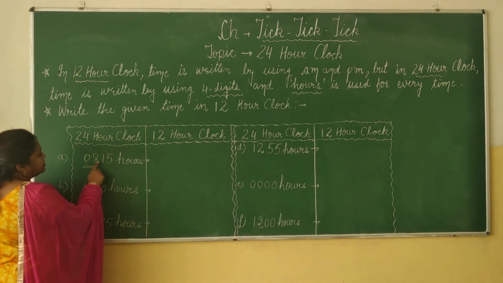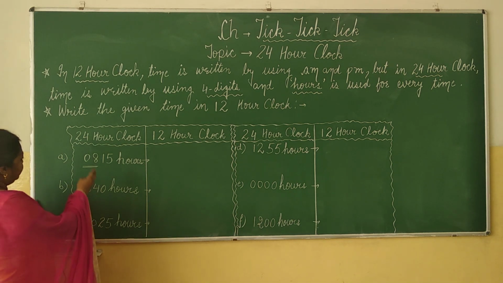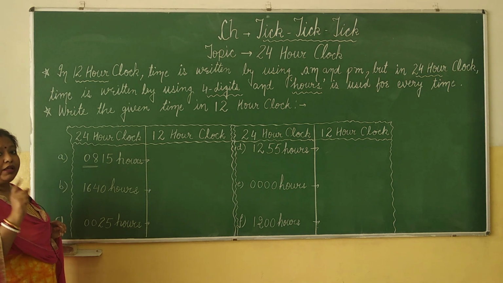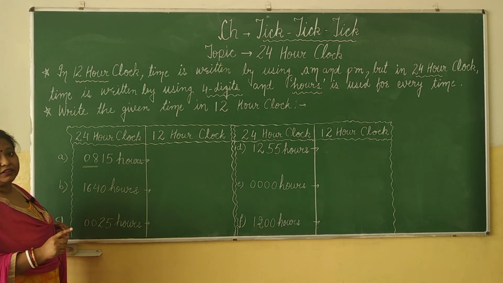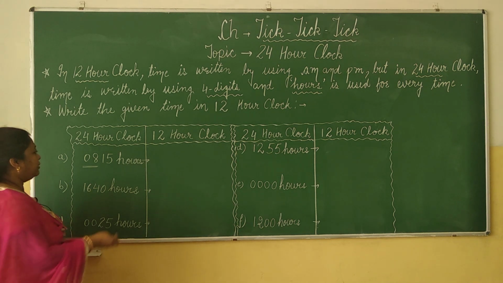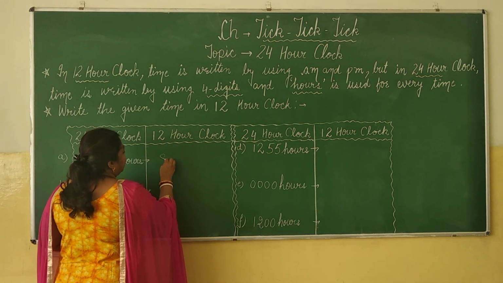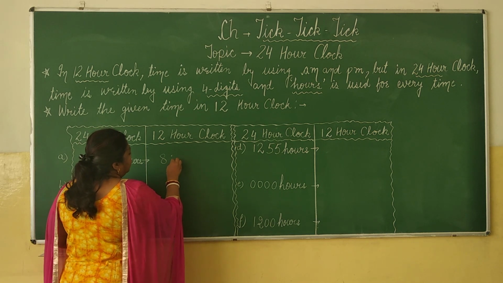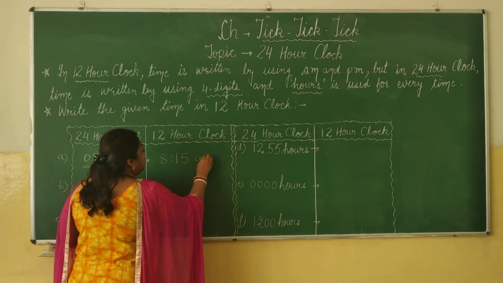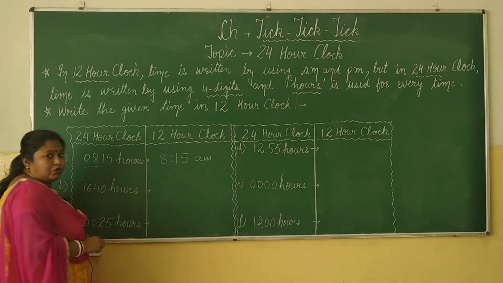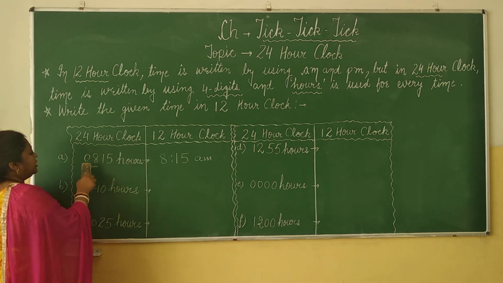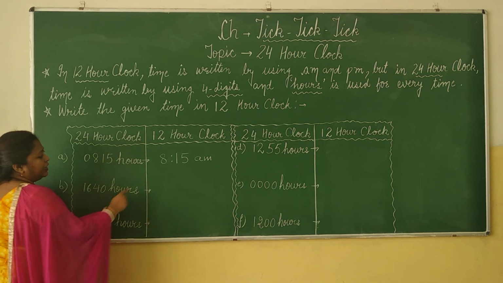So you see, this is 8. If we take only the hour part, it is 8. As 8 is less than 12, we don't have to change it by adding or subtracting. We just have to write it as it is with two dots in between, and we have to write AM. So 0815 hours, children, is 8:15 AM.